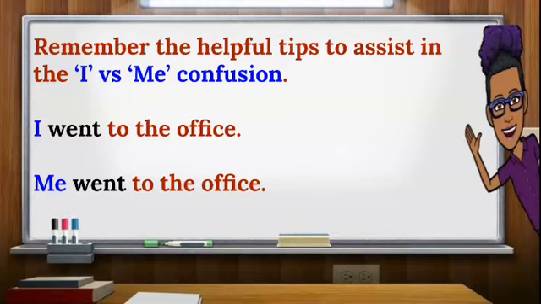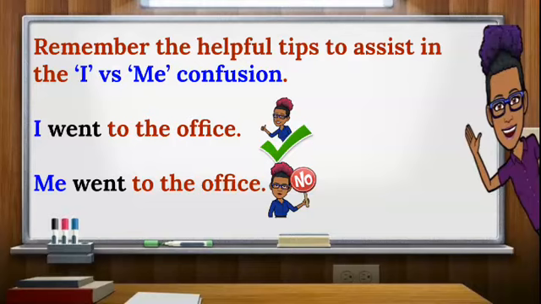Now we know that our subject pronoun is followed by the verb, so we know that the sentence I went to the office is correct and not me went to the office. Object pronouns come after the verb.